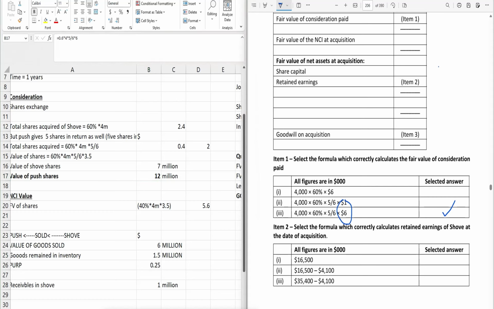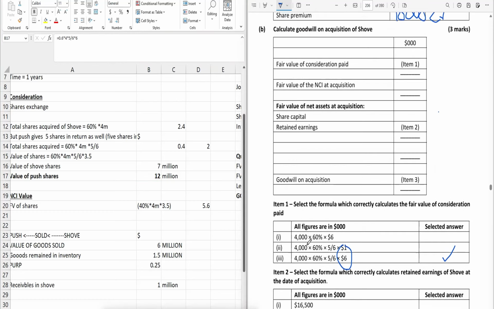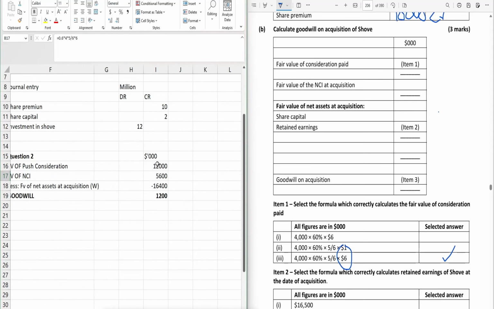Okay, so now fair value of NCI at acquisition. You need to write the value here directly because there is no item noted down here. So that is the 5,600 which we have calculated. Now the fair value of net asset at acquisition, again for the share capital you need to put the value directly, that is the 4,000.